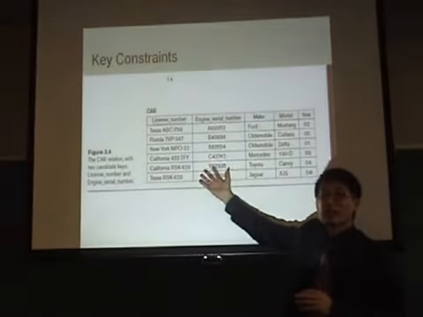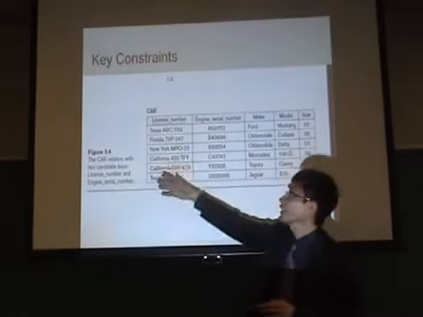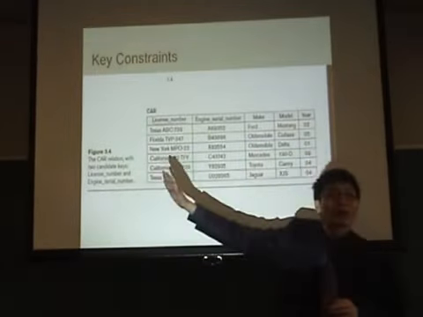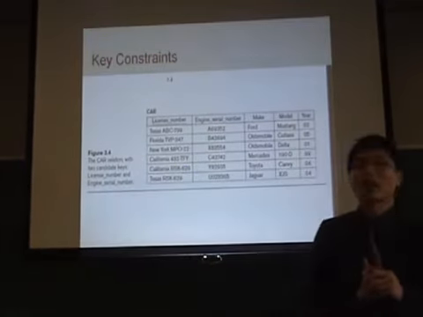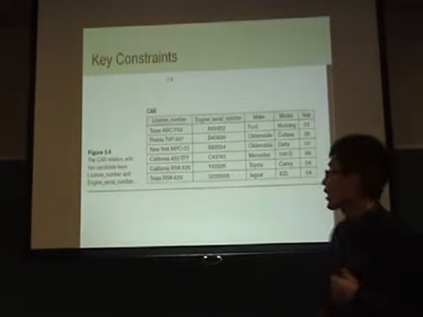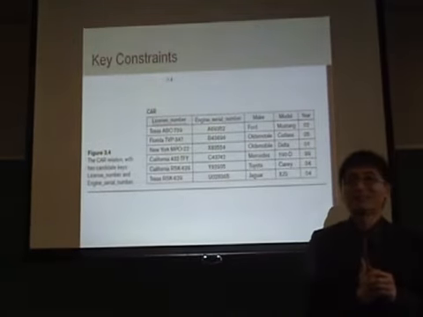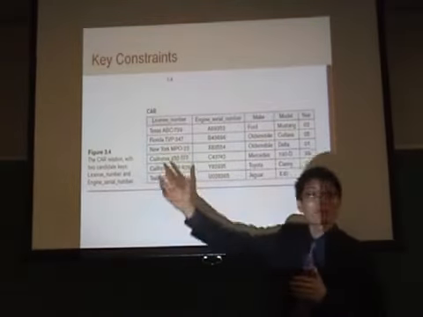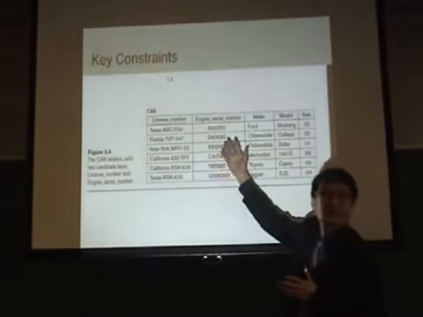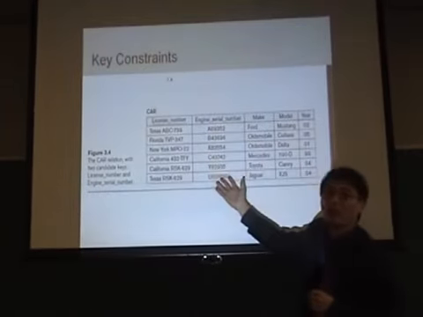I never heard there was an engine serial number until I looked at this slide, which means there might be a lot of transaction programs that access the license number. Think of when you visit the DMV. Probably, I'd like to register my car. If you give them the engine serial number, definitely not. Probably all the systems use the license number; the engine serial number is not very popular. No system uses the engine serial number, even though they are unique.